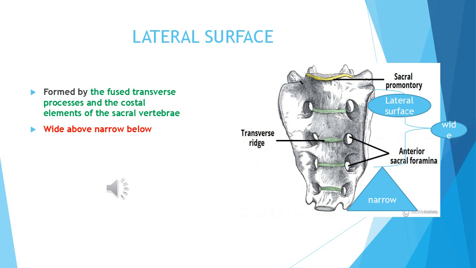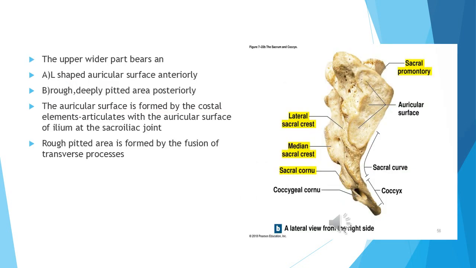The lateral surface is formed by the fusion of the transverse processes and the costal elements of the sacral vertebrae. It is wide above and narrow below. The upper wide part bears an L-shaped auricular surface anteriorly and a rough and deeply pitted area posteriorly.